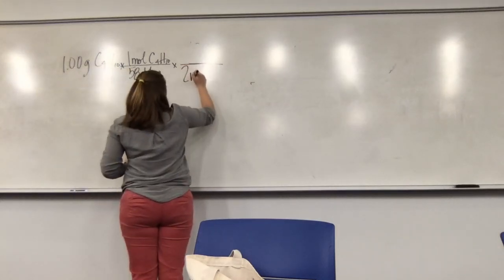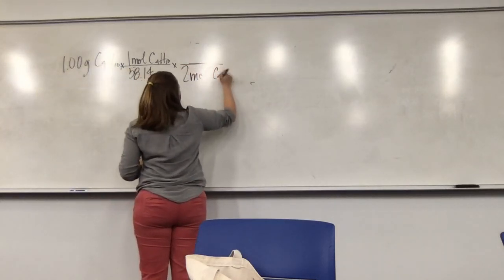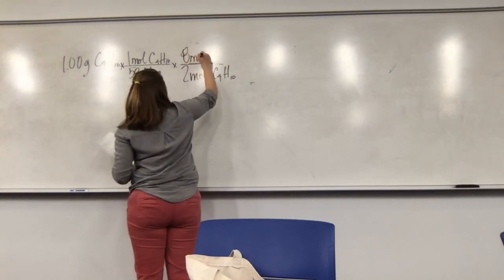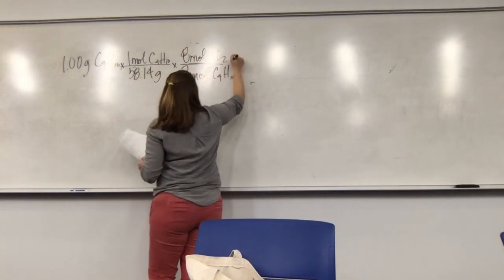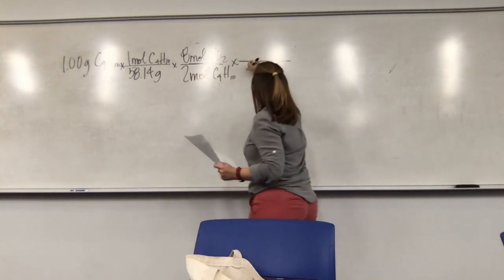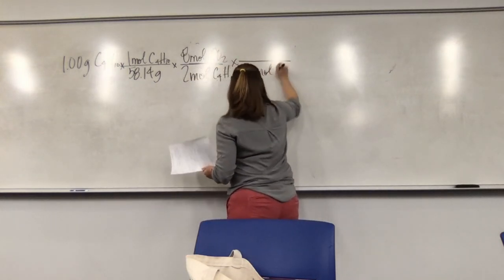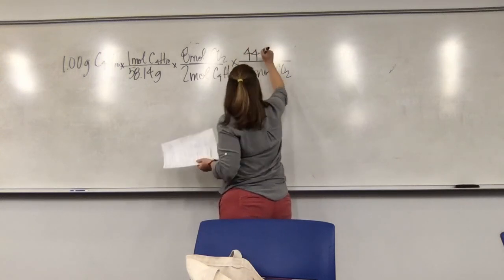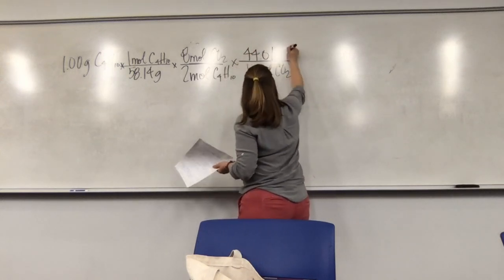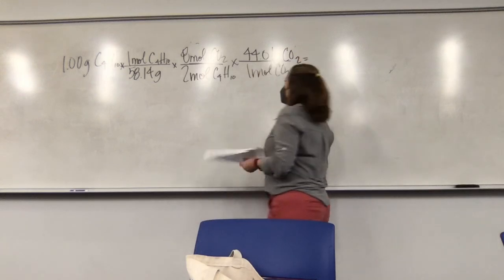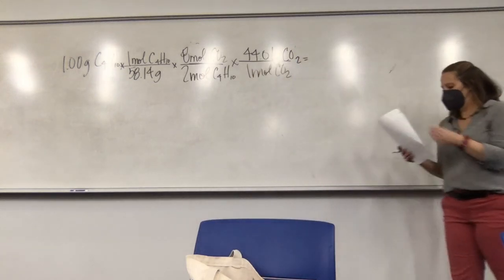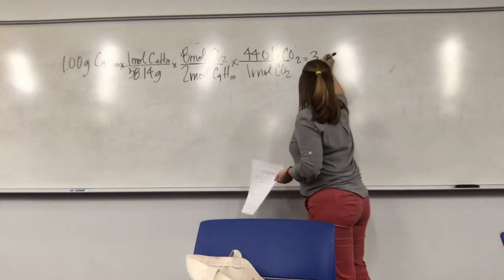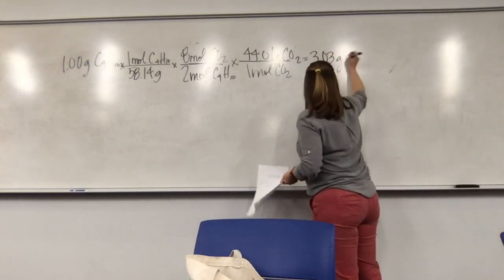So for every 2 moles of C4H10, we get 8 moles of CO2. 1 mole of CO2 is 44.01 grams of CO2. Now you can plug this into your calculator. You should get 3.03 grams.